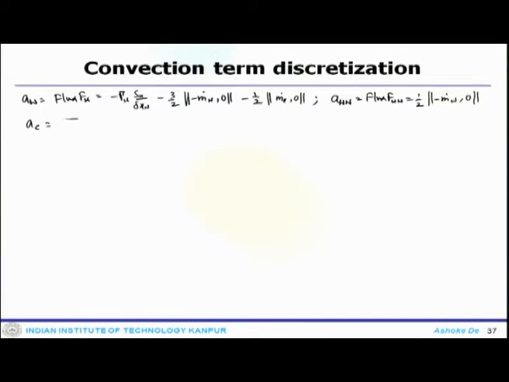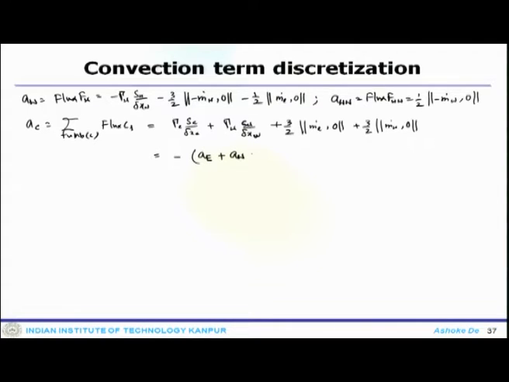And A C, which is the summation of all the fluxes, which is flux C F, that will get you gamma E S E by del x E plus gamma W S W by del x W plus 3 by 2 m dot E 0 plus 3 by 2 m dot W 0, which one can write with negative sign as A E plus A W plus A E E plus A W W plus m dot E plus m dot W.